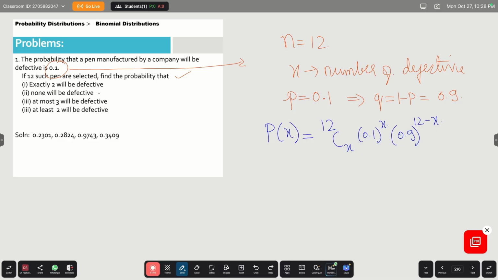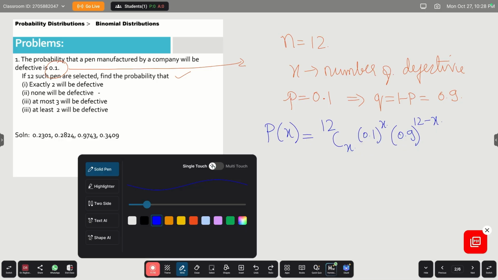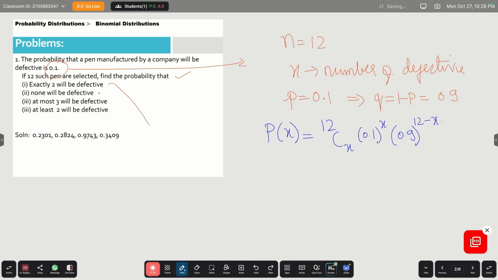And let me take the first question. The probability of exactly 2 defective. That means x value is 2. I have to calculate p of 2. So it is 12C2 0.1 power 2 multiplied by 0.9 power 12 minus 2, which is 10.